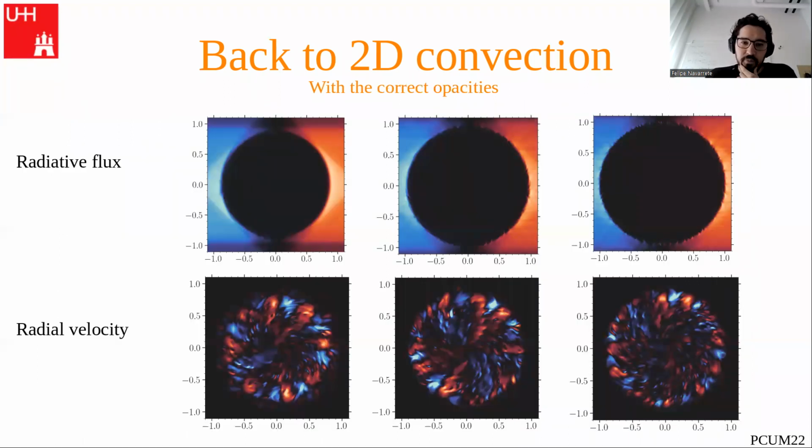But now, with the correct opacities and with the fixes, we get something that's much closer to what you would expect. The radiative flux is clearly leaving the star at near a radius of 0.8, and the radial velocities also look much more healthy.